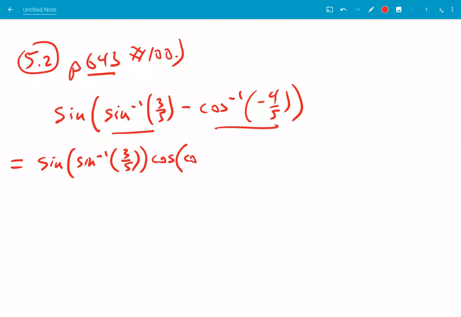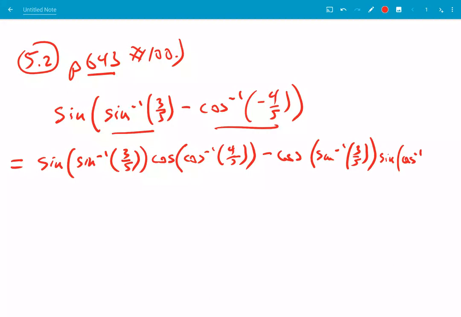The cosine of the arc cosine of -4/5, minus the cosine of the first angle, which is the arc sine of 3/5, times the sine of the second angle, the sine of the arc cosine of -4/5.